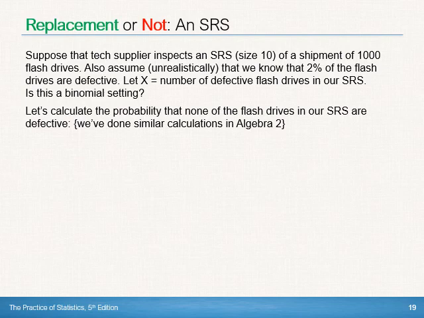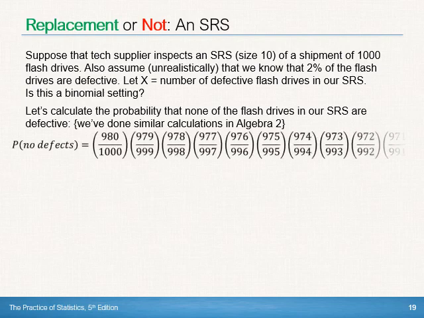So if you think about it, the issue here is that the probability is different. When I pull one out, 2% of the 1,000 flash drives are defective, but as I pull them out one at a time for my sample size of 10, the probability of defectiveness is changing as I pull them out. So if we look at the probability that you have no defects in the 10 that you pick out, that's what we want to look at.